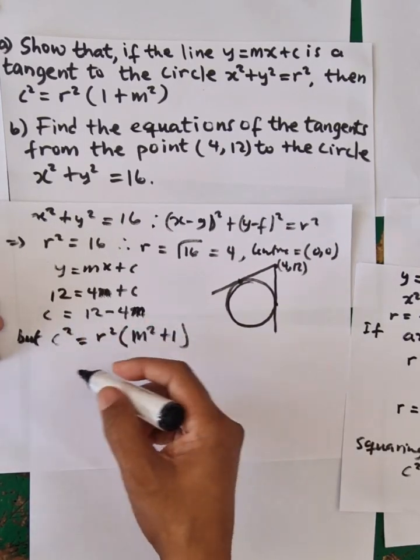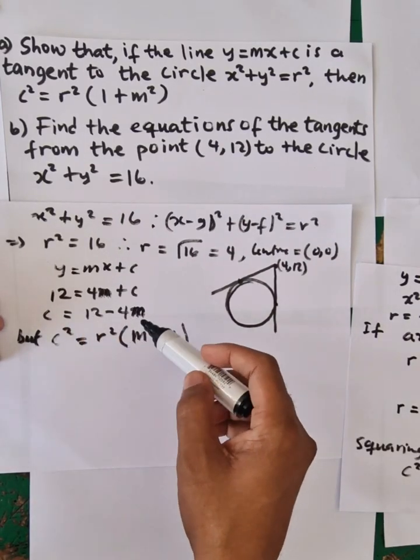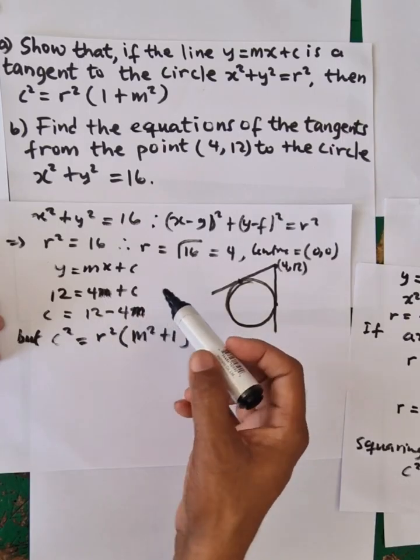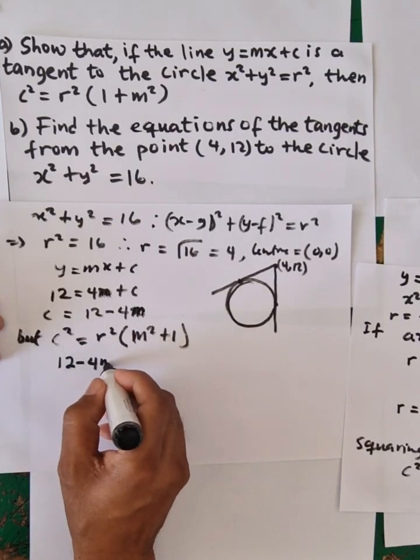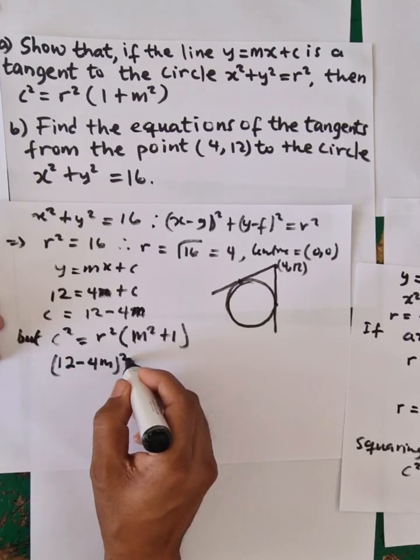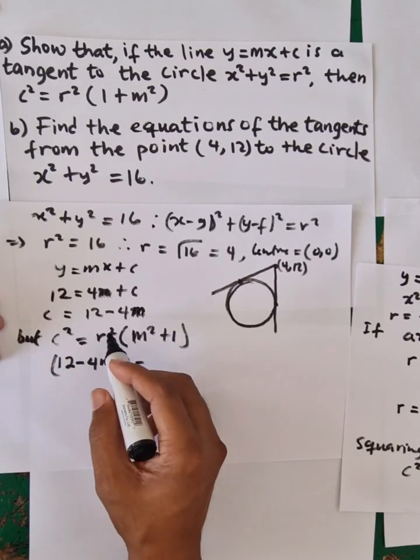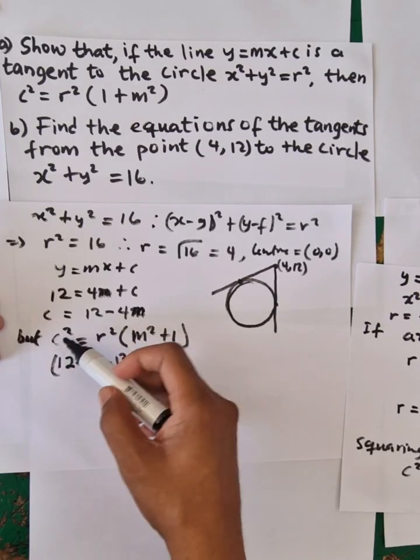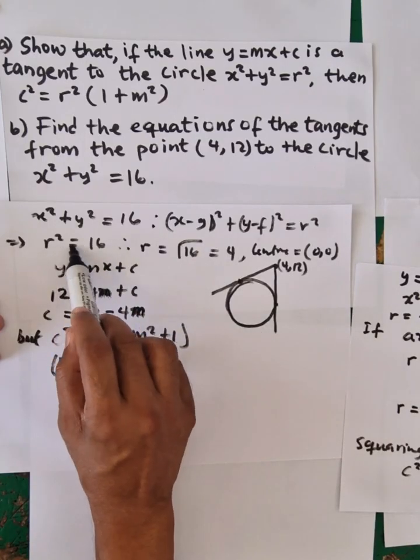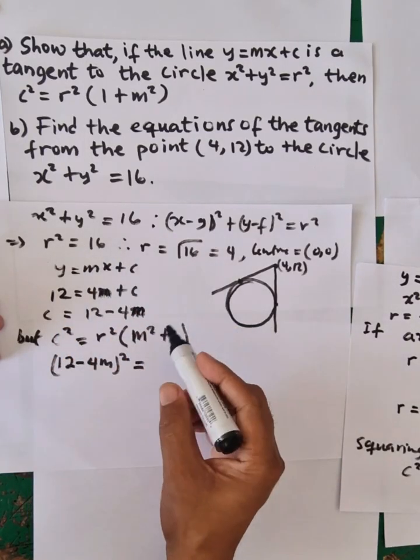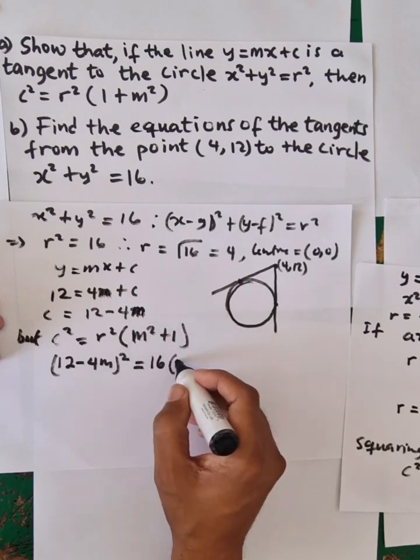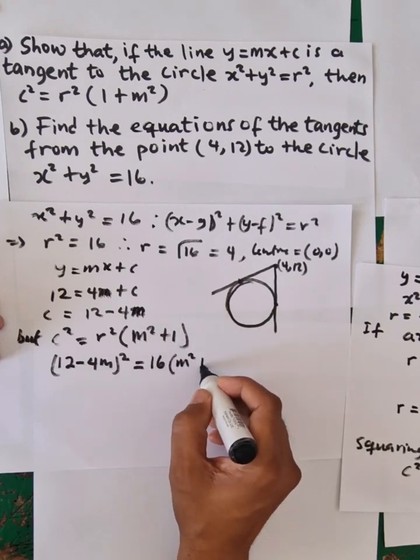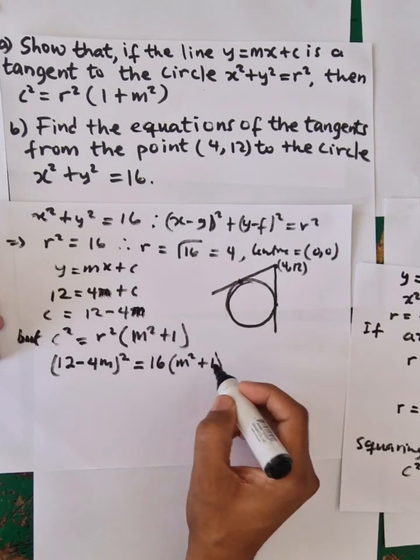So anywhere we see c, we are going to slot in this value, and we have 12 minus 4m all squared is equal to r squared, but our r squared is 16. You can see clearly here 16. So we just slot in r squared 16. We don't know m, that's what we are finding, m squared plus 1.